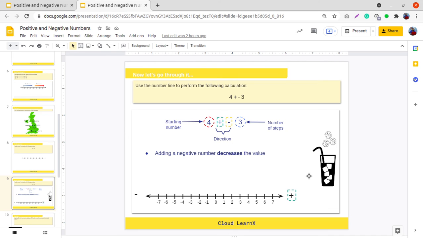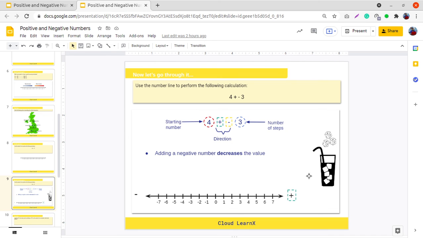Right, now the most obvious one, the image, which is something I really like as well. Here it's basically a drink, and you're adding ice cubes to it. The basic idea is that when you have a drink, ice is like negative numbers. When you add ice, when you add negative numbers, what happens to the drink? It gets colder. It goes less and less.